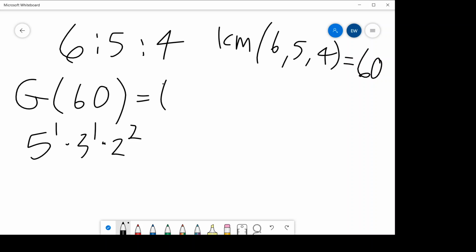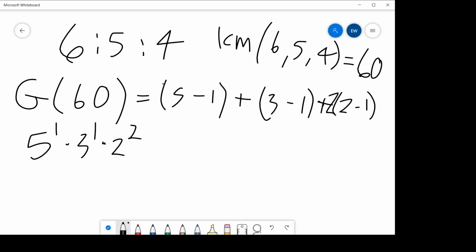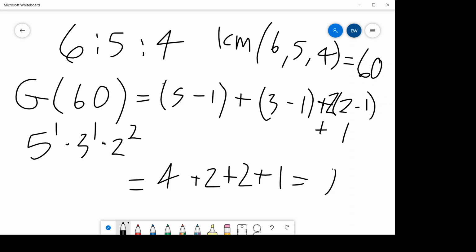So we have 5 minus 1, plus 3 minus 1, plus 2 times 2 minus 1, and then plus 1, because we just have to do a plus 1 at the end. Thanks, Euler, for starting at 1. And so ultimately we get 4 plus 2 plus 2 plus 1, which is equal to 9. So 9 is actually not that bad, all things considered.